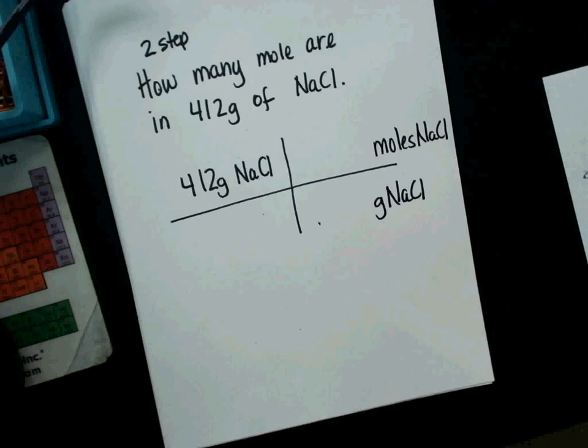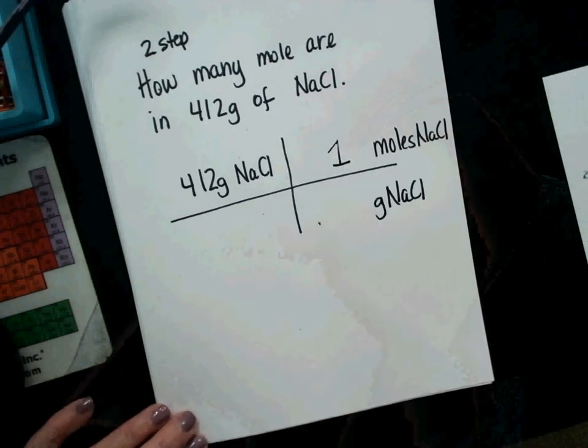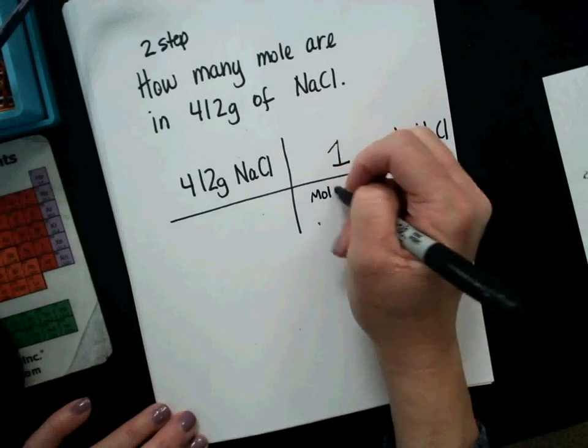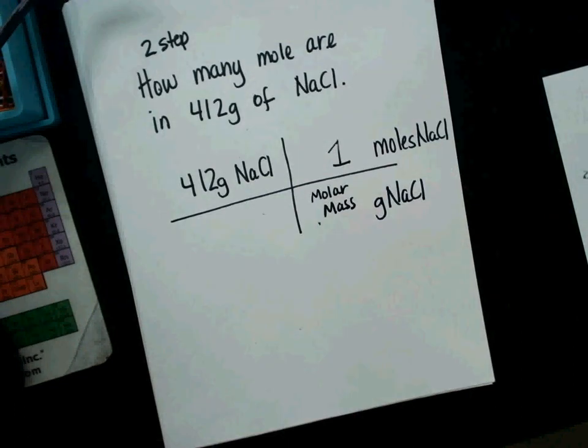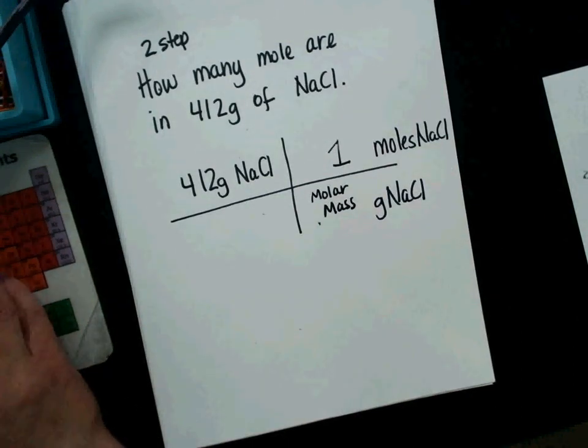Moles, good. So this has to be moles NaCl. Down here, remember we could only ever use 1 for moles. And down here should be your molar mass. Yeah? So let me tell you, I need you to pick up one of these papers.